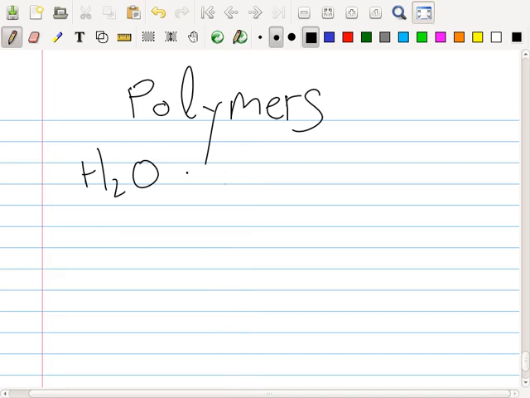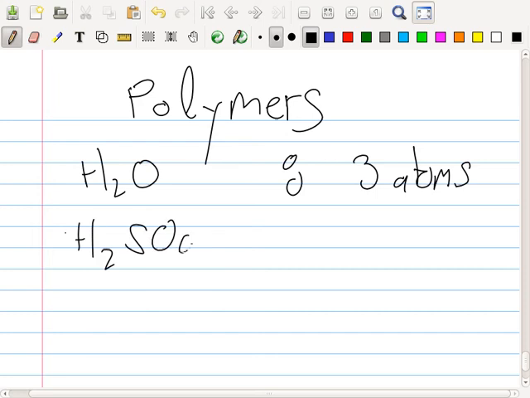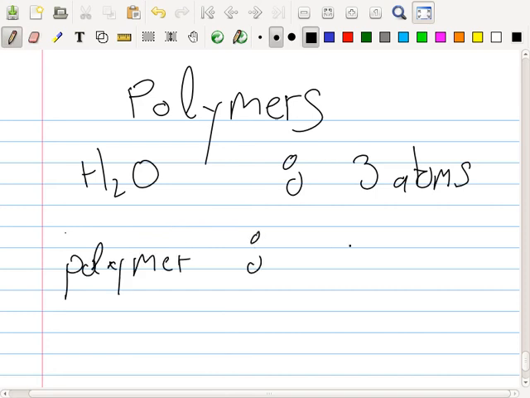So how many atoms in one? 3 atoms. Or CH4, or why not H2SO4? We can pick many, many examples, but the number is going to be small, right? But a polymer is when you could have like 1,000 atoms together.